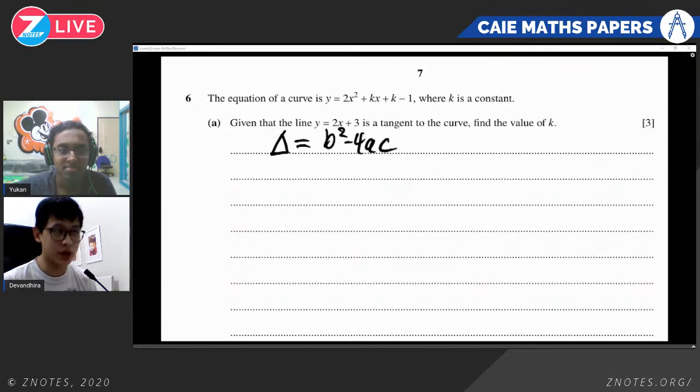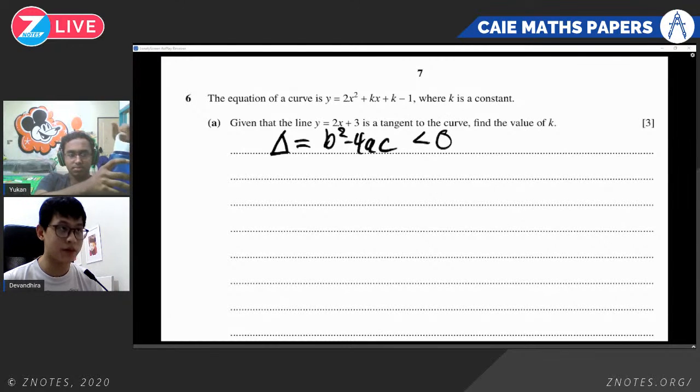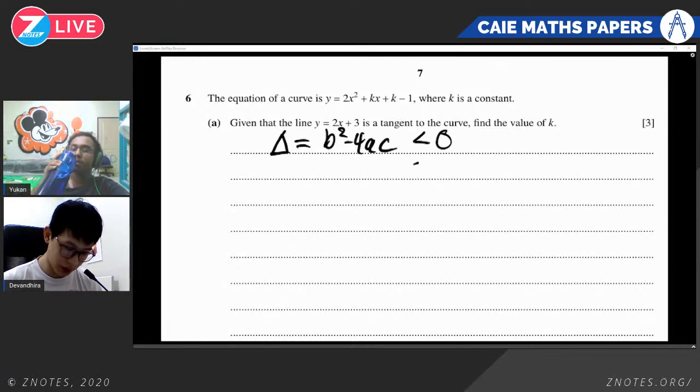So let's remember what the discriminant does. The discriminant tells us about the roots of a quadratic. So if there are no roots, that means the discriminant is less than 0. If there's one root, it'll be equal to 0.